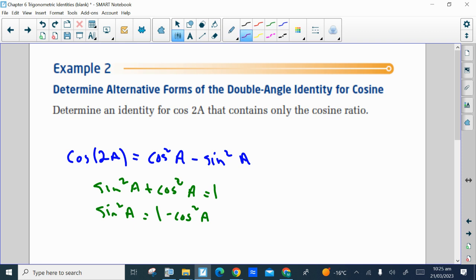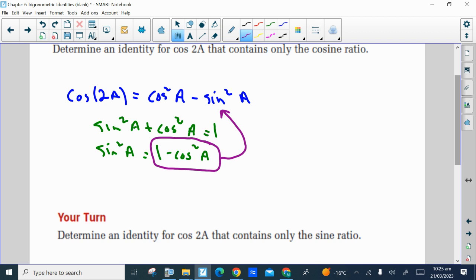But what it also allows us to do is take what sine squared A equals and plug it in up there in the double angle identity for cosine. So now we can say that cosine 2A equals cos squared A minus all of sine squared A, or all of 1 minus cos squared A, which is why I put it in brackets, because you're subtracting all of it.